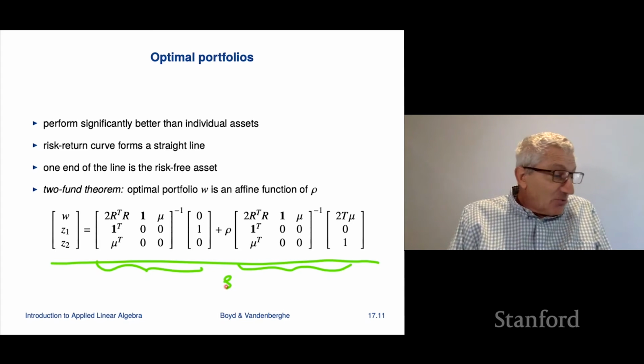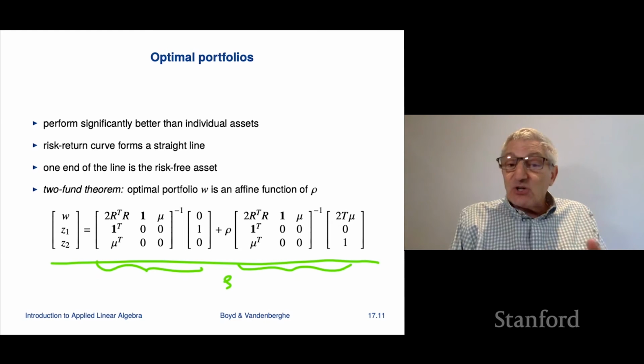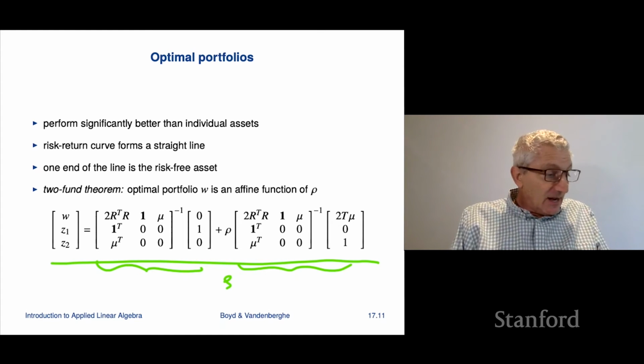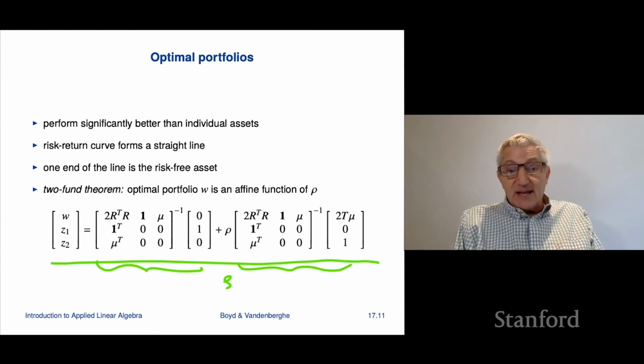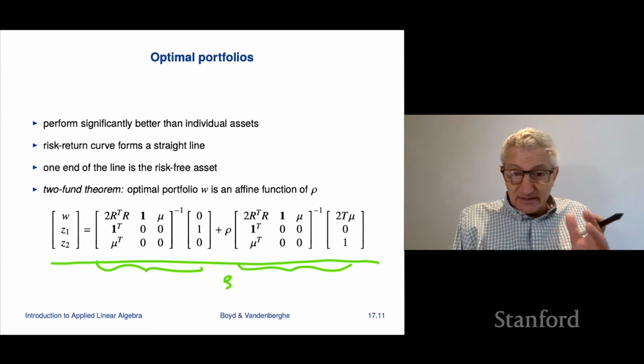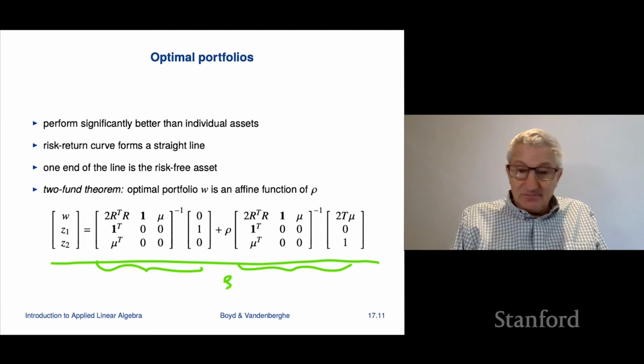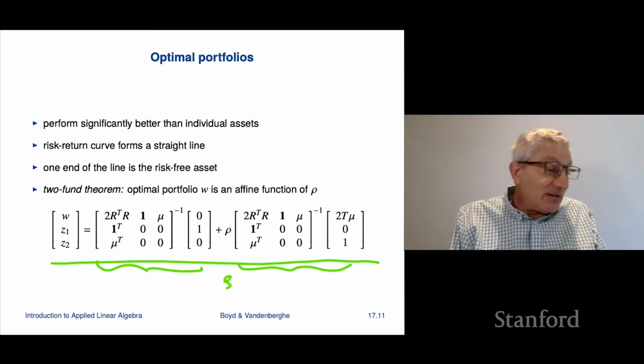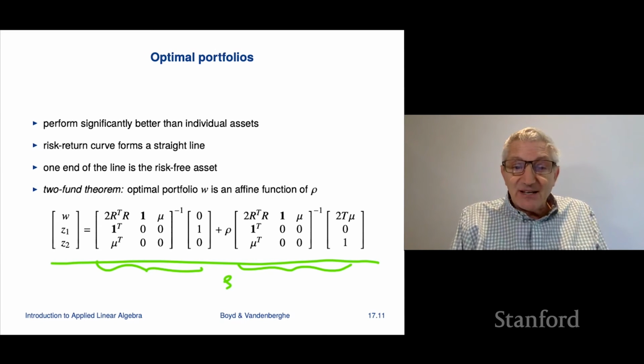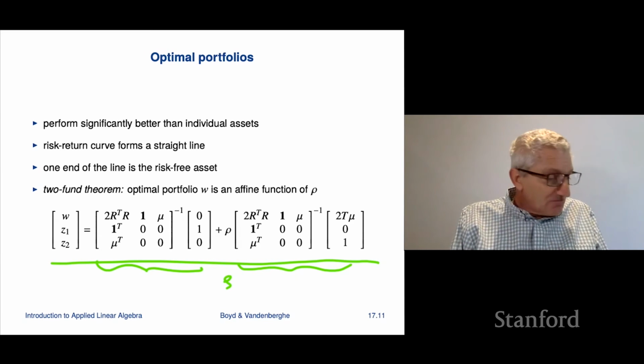So what it says is that the optimal portfolio, as a function of required return, is affine, and that's got a fancy name in finance. It's called the two-fund theorem.